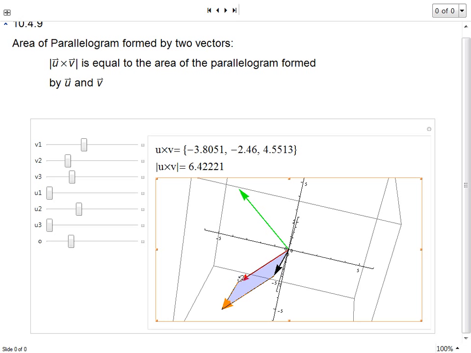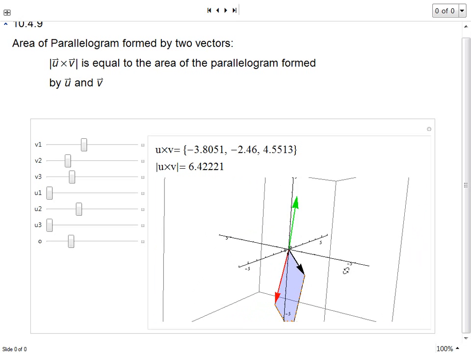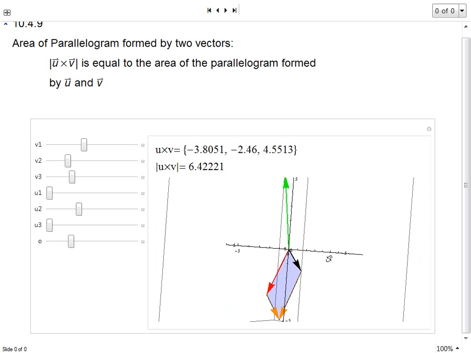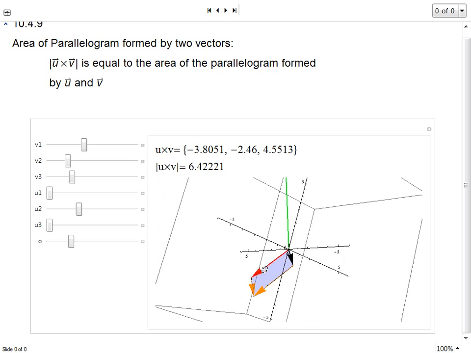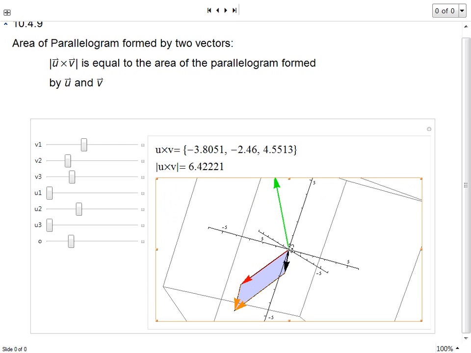We have a red vector, which is v. Remember we said that when you take two vectors, you can create this parallelogram by adding them together? The area of that parallelogram is actually the length of the cross product. So if I cross these two vectors, it gives me a vector that's perpendicular to both. The length of that vector is equal to the area of that parallelogram. Do y'all see the geometric connection?